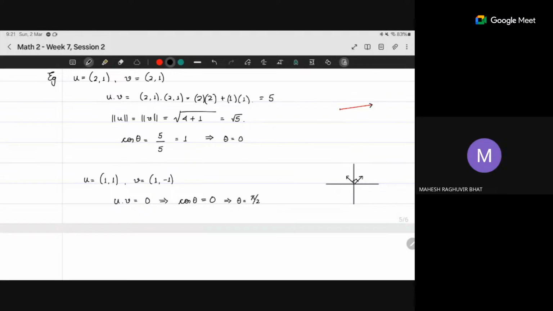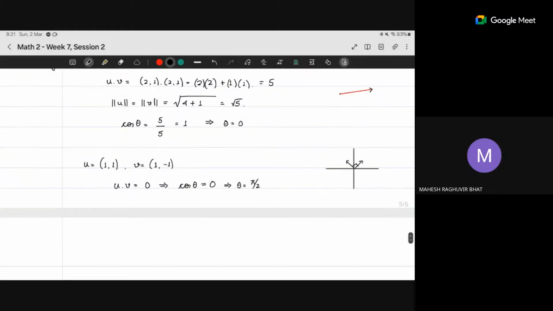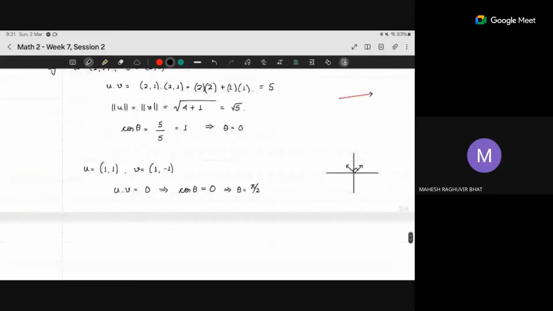This also you can verify by actually checking, or you can use some graphing software and verify that they are at right angles to each other. Is that okay? Sir, that would be in the fourth quadrant. You missed it. Oh, yeah, I did. Minus 1, 1. Okay. Let's do that.